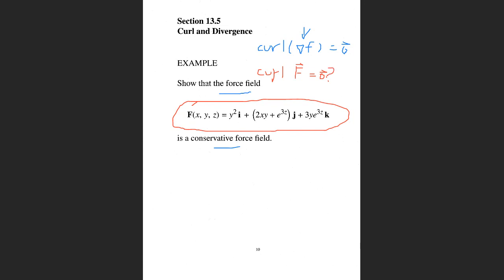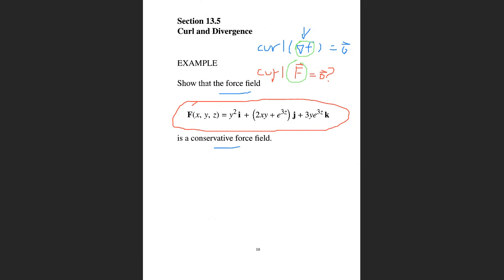Okay, if we could establish that, then that means that the vector field F would be equivalent to the gradient of some potential function f, and it would be worthwhile looking for that potential function.